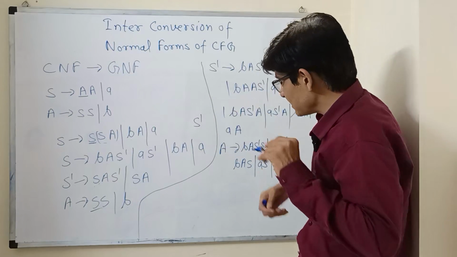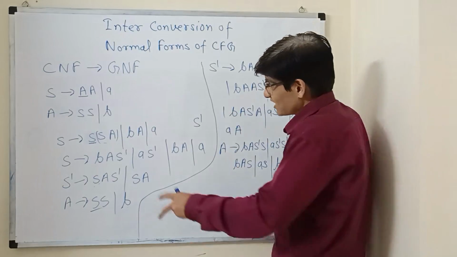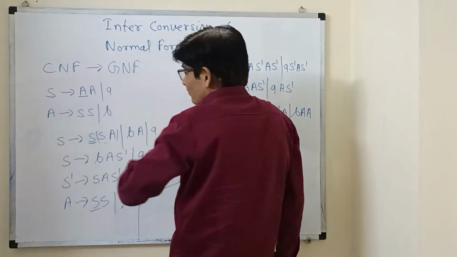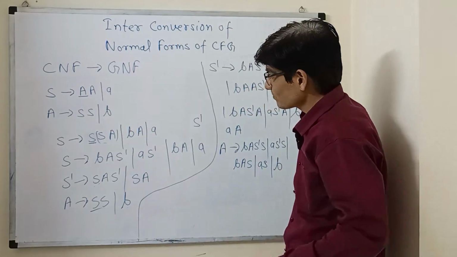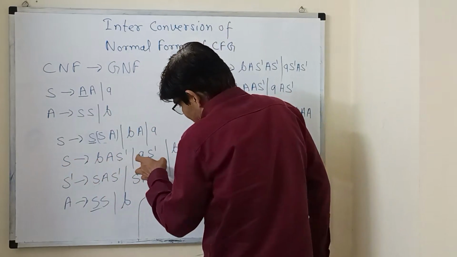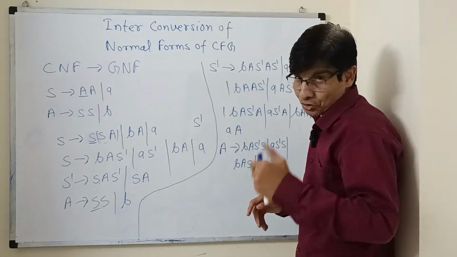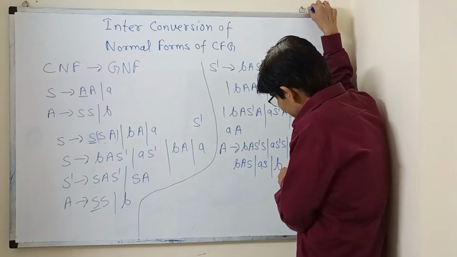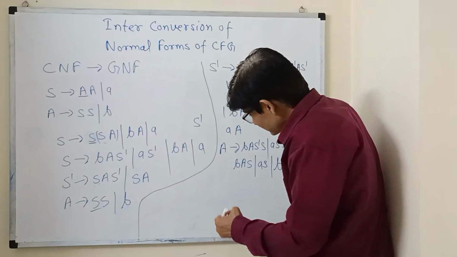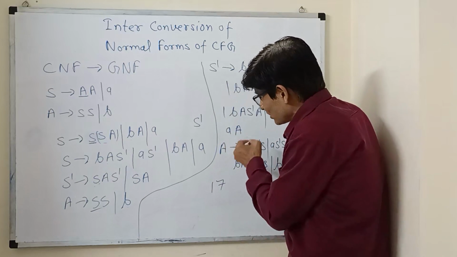So now you can see, my friend, in this particular grammar, after conversion into GNF, how many productions do we have? 4 productions of S, then 8 productions of S', 12 productions, and then 5 productions of A. So in total 17 productions we have now in this grammar.